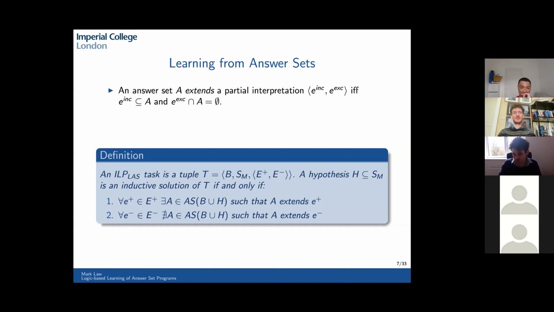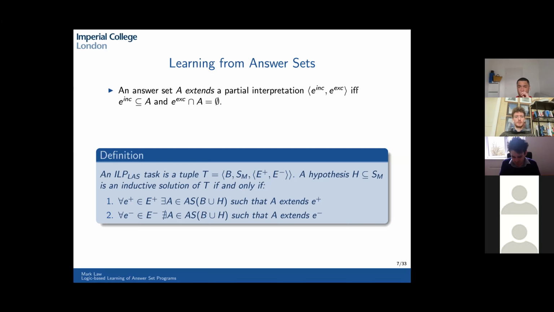So those are the form that our examples take. A learning task for us then consists of a background knowledge. So just as in ordinary ILP, the background knowledge just includes all of the rules that we already know, so concepts that we already know, and a hypothesis space. That's the second element of that tuple, SM, where the hypothesis space is just a set of rules that are encoded in ASP.